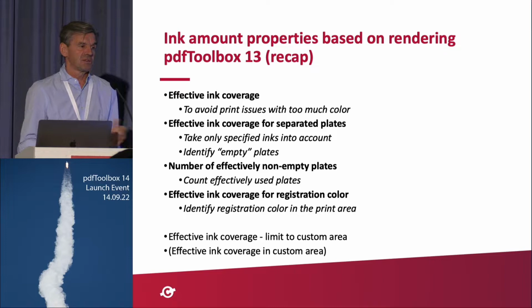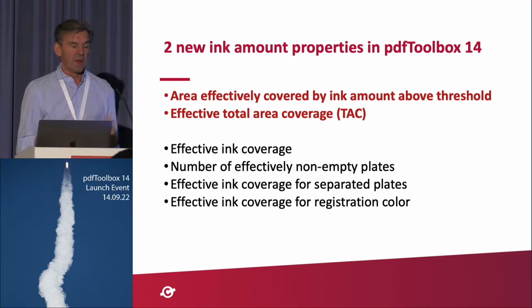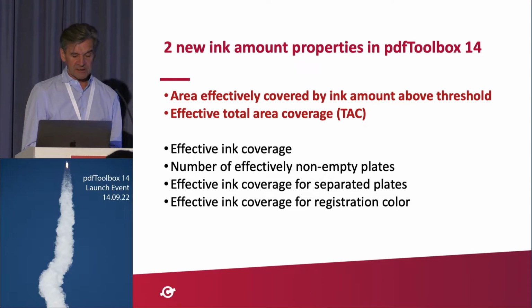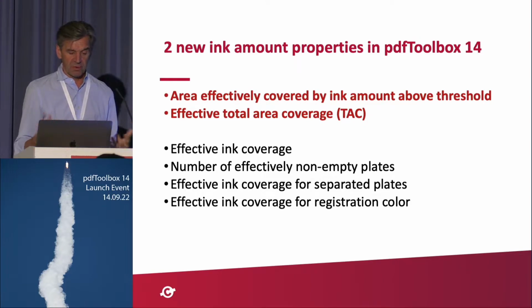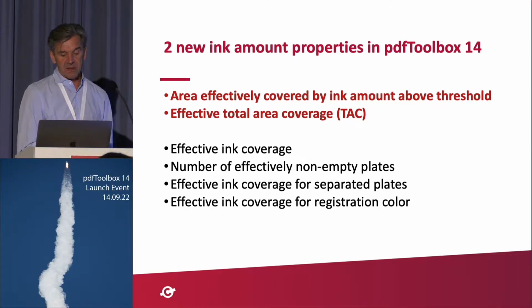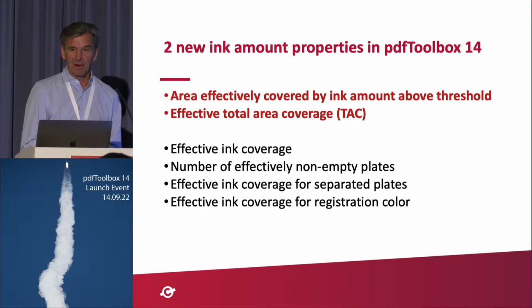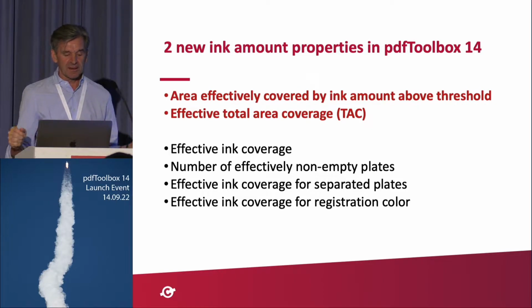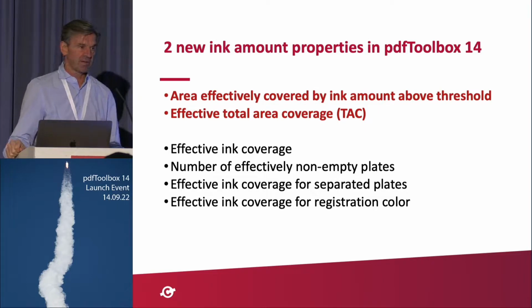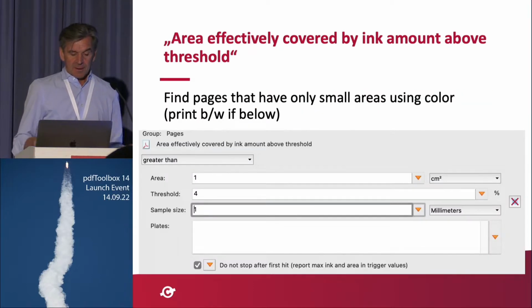For instance, for registration color, you would want to limit that to the trim box. So, and then there are two new things, and the first one is area effectively covered by ink amount above threshold. The name alone deserves some explanation, I believe. And the other one is effective total area coverage. So let's have a look what they are doing.